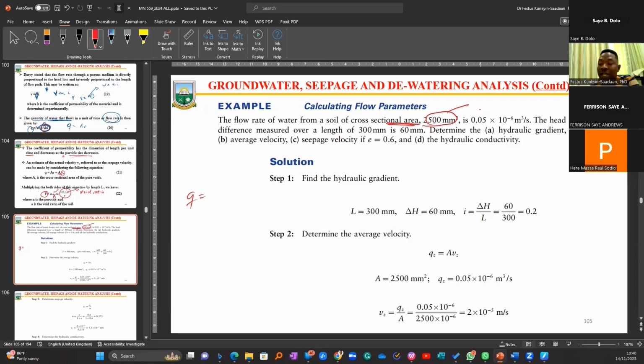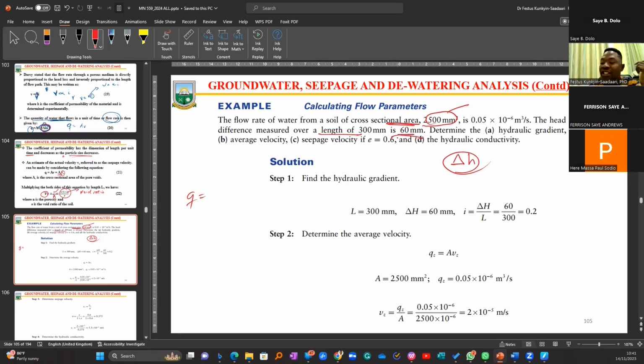The head difference is talking about the change in elevation from reference A to reference B, where the water is flowing. So the head difference has been given as what? Over a length. So the L is also given as 300.